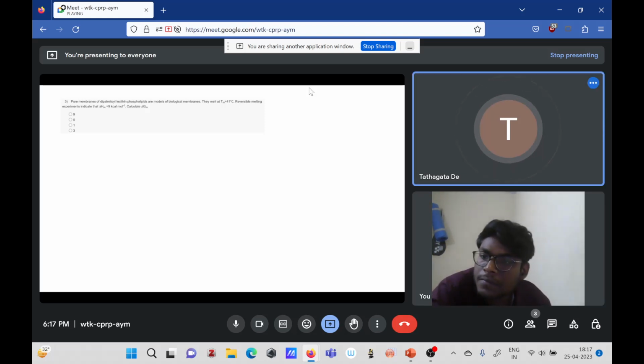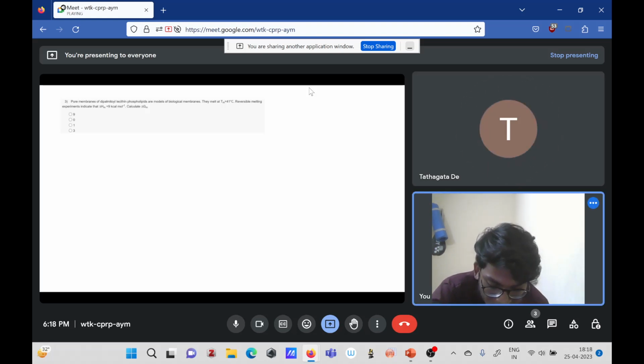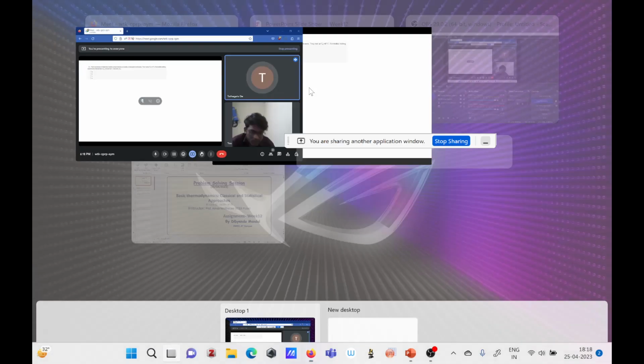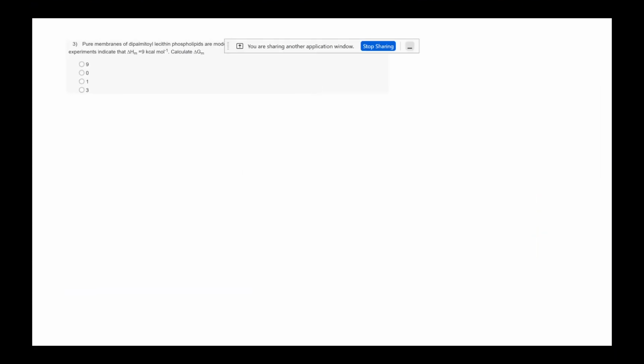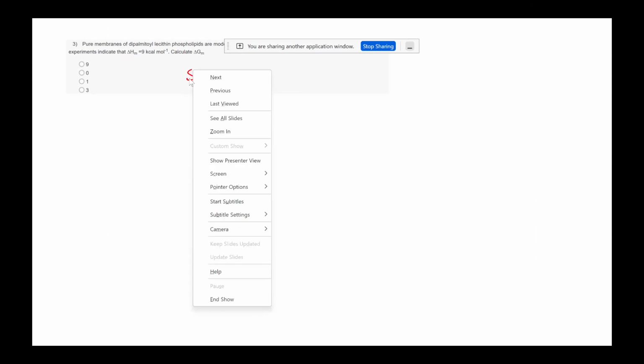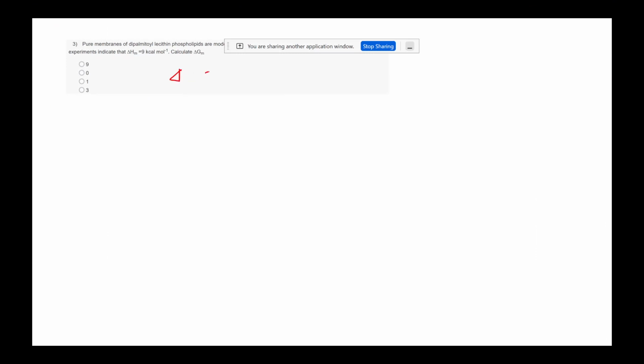Delta Hm minus T delta Sm. What will be that? Sm is dq reversible by T. And what does enthalpy say about this? This is a positive enthalpy. Can we write delta S as delta Hm by Tm?